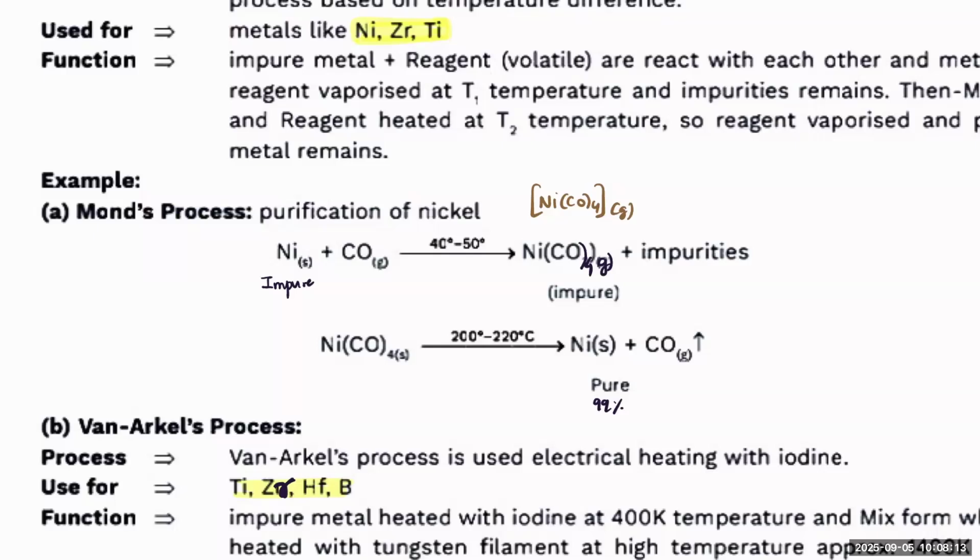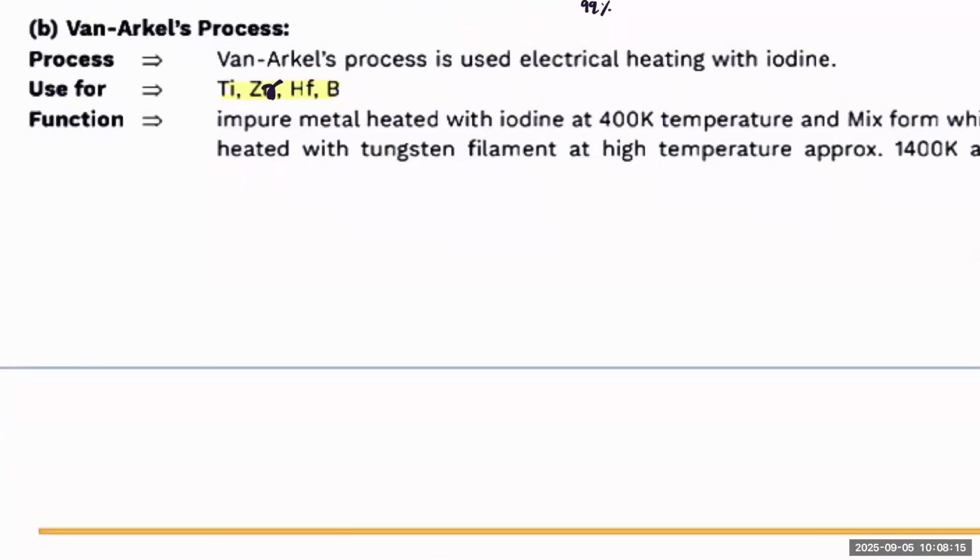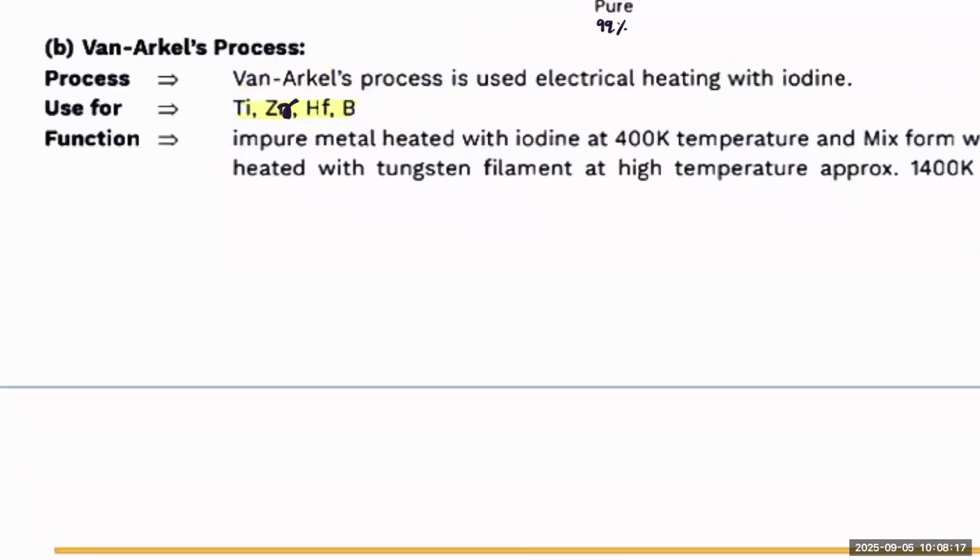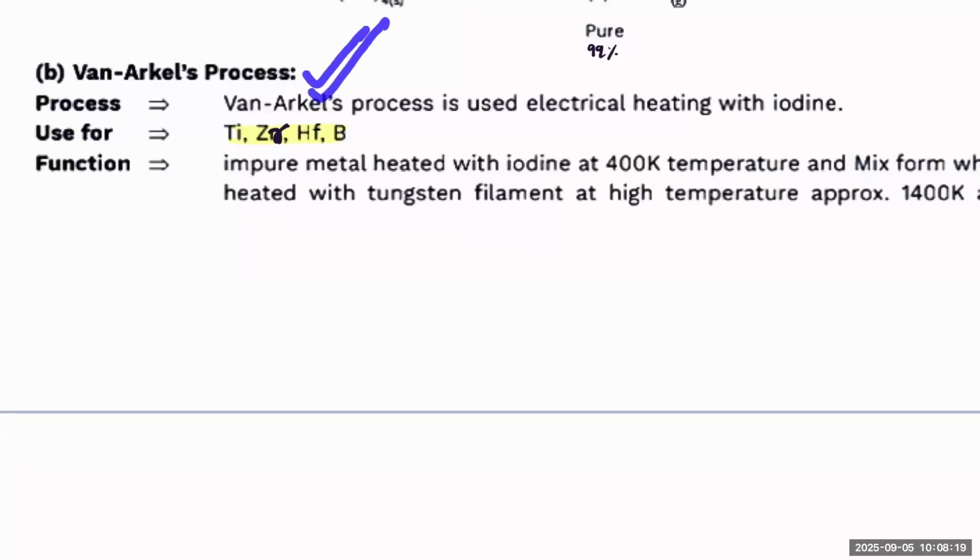Clear? Next, if you're doing it for titanium, zirconium, hafnium, and boron, this is called the Van Arkel process. In Van Arkel, we use iodine instead of carbonyl group.